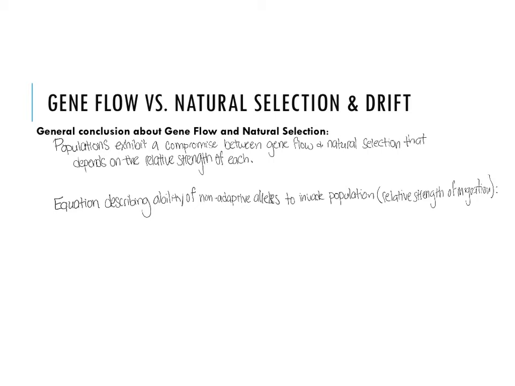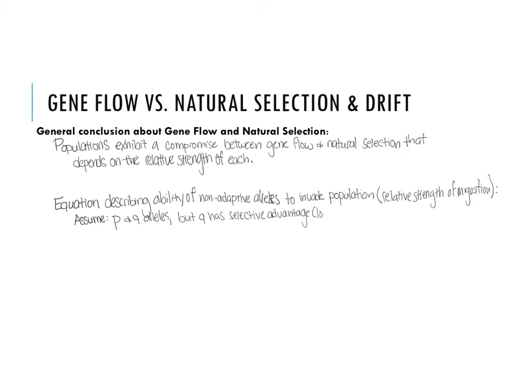All right, so for this equation to work, assume that there are P and Q alleles. But Q has a selective advantage.